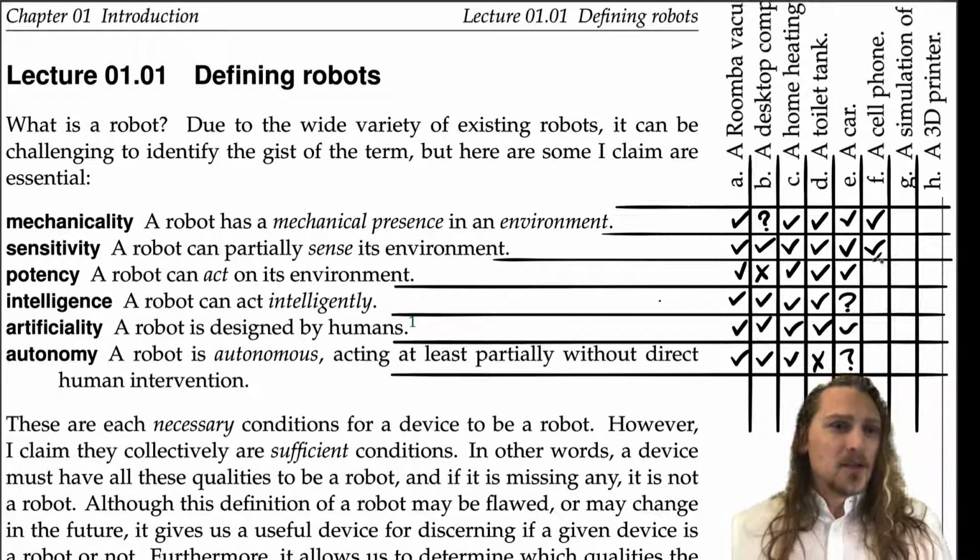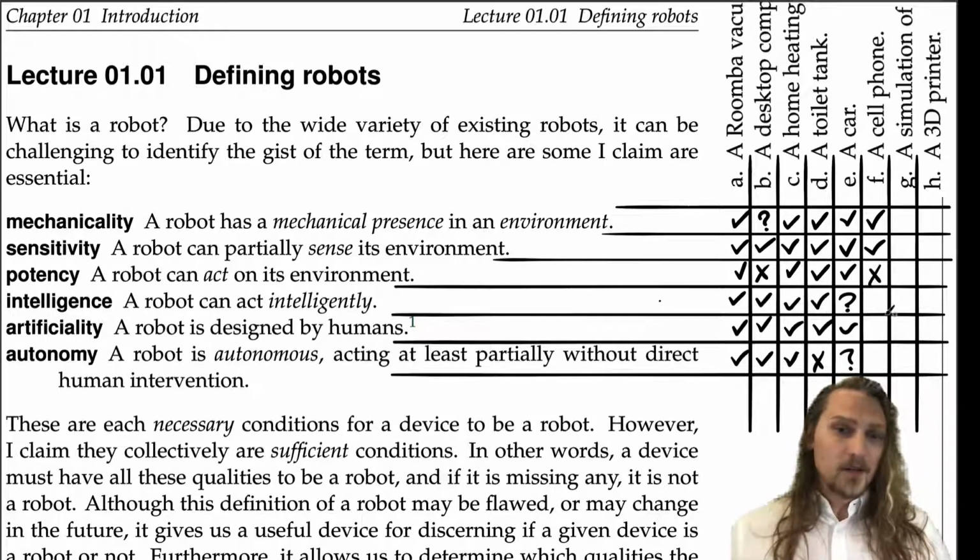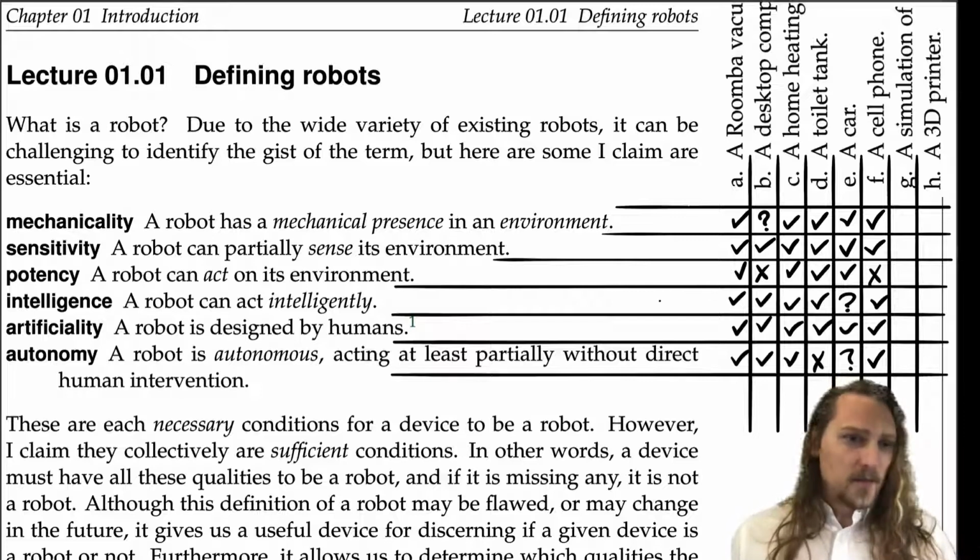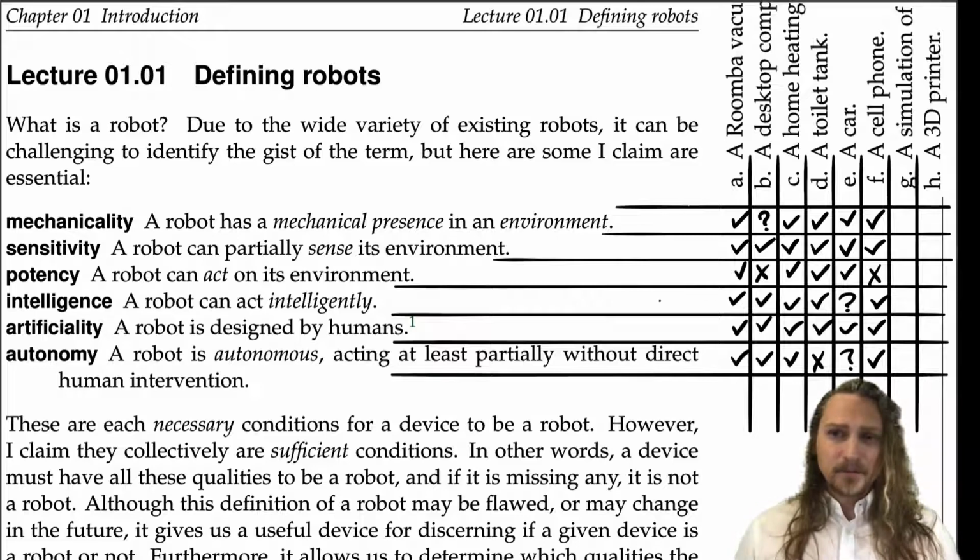It doesn't really do any mechanical work, and so I would say probably no for the cell phone here. It can certainly act intelligently. It's designed by humans. Autonomous, yeah, it can do all kinds of things without our intervention. So it's close, but it doesn't quite meet that requirement of potency.